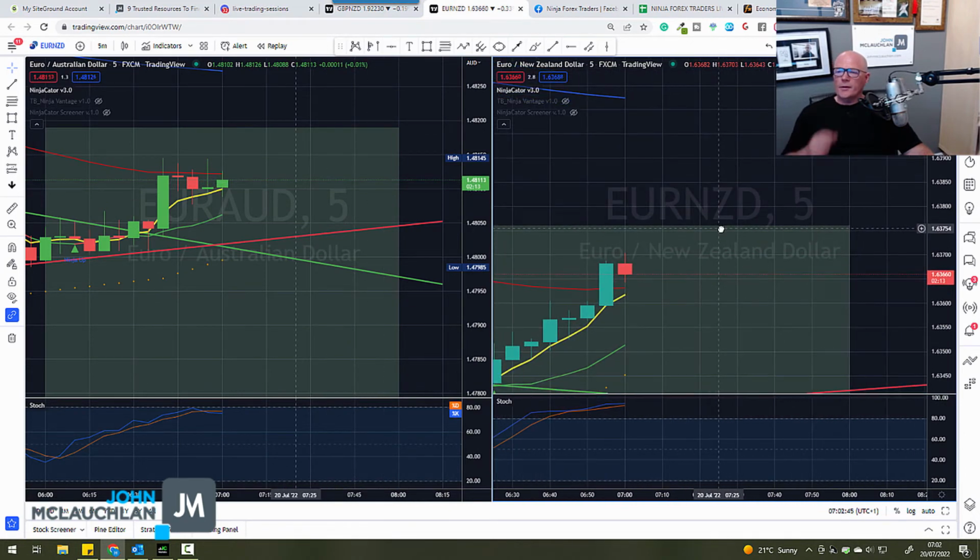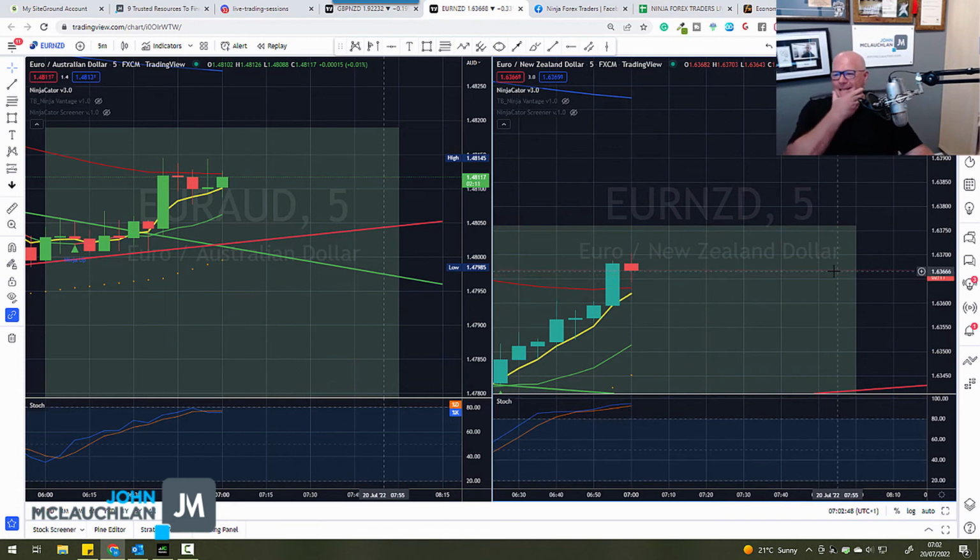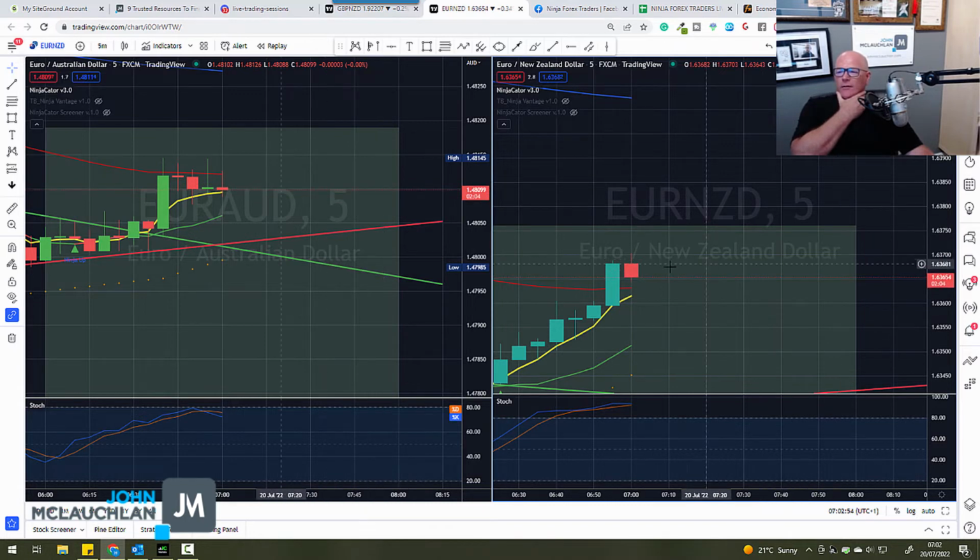I would argue the same with the euro as well. Euro NZD, even though price is showing a red candle coming down for a sell, still movement enough for this to go up.